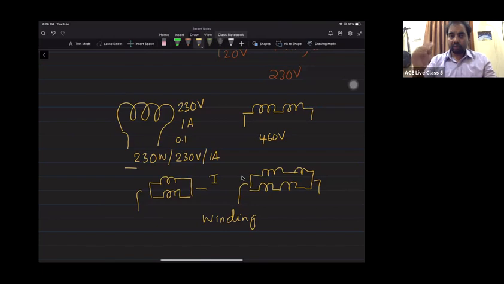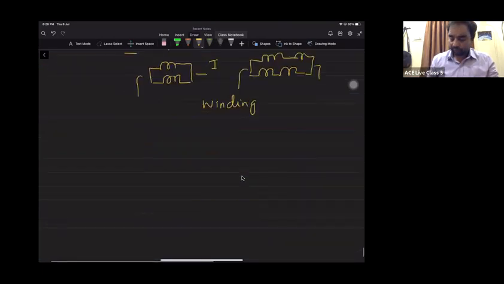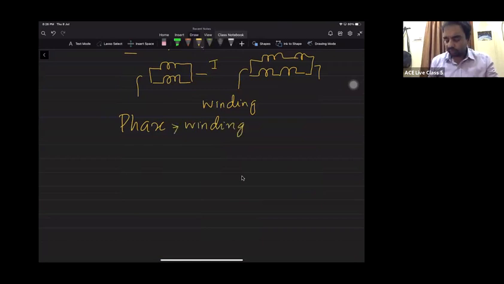Right. Now I hope you understood what is called a winding. Then what is called a phase? A phase is nothing but a winding. So we can use the terms phase and winding interchangeably, right?